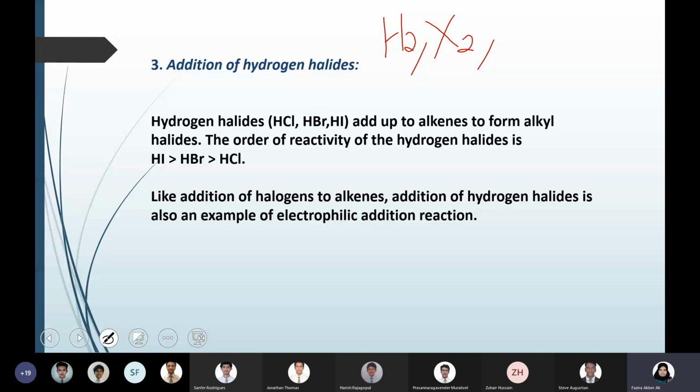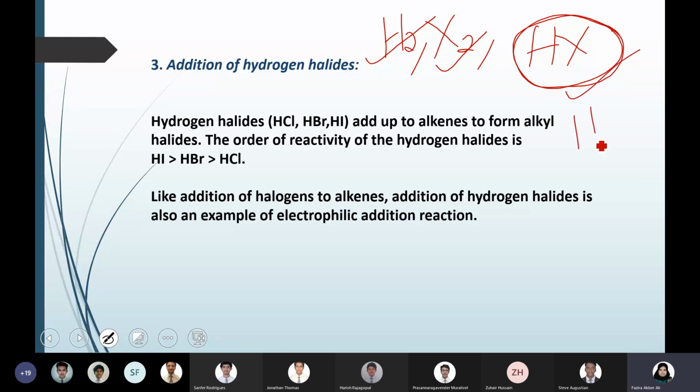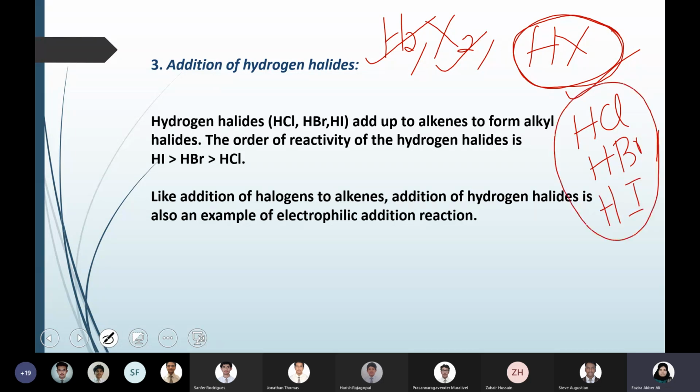The third reaction of an alkene is adding hydrogen halide. We added hydrogen, that was the first reaction. The second reaction is halogen, and the third reaction is a combination of these two, hydrogen and halogen, that is hydrogen halide. Examples are HCl, HBr, HI. These are the common hydrogen halides which we use to treat with alkene.